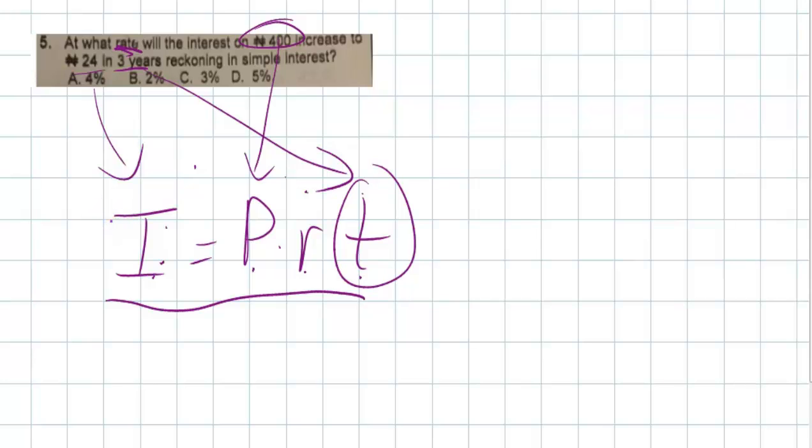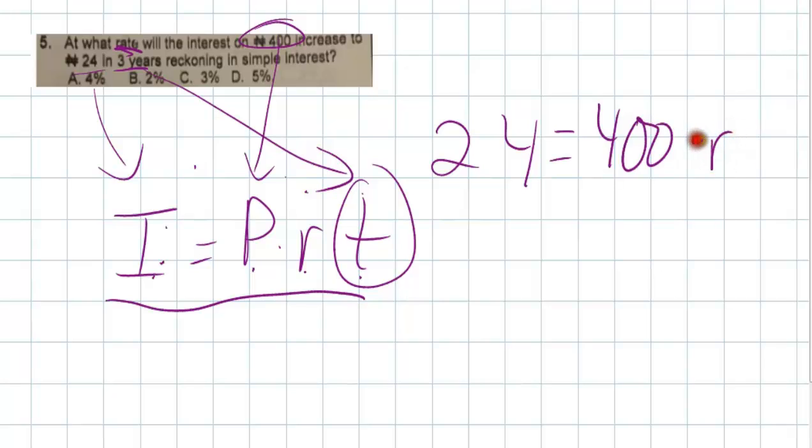So essentially what we're going to do is set it up. 24 is equal to 400 times our rate, which we don't know yet, times our time, which is 3 years. And then we're just going to go ahead and solve for our rate.